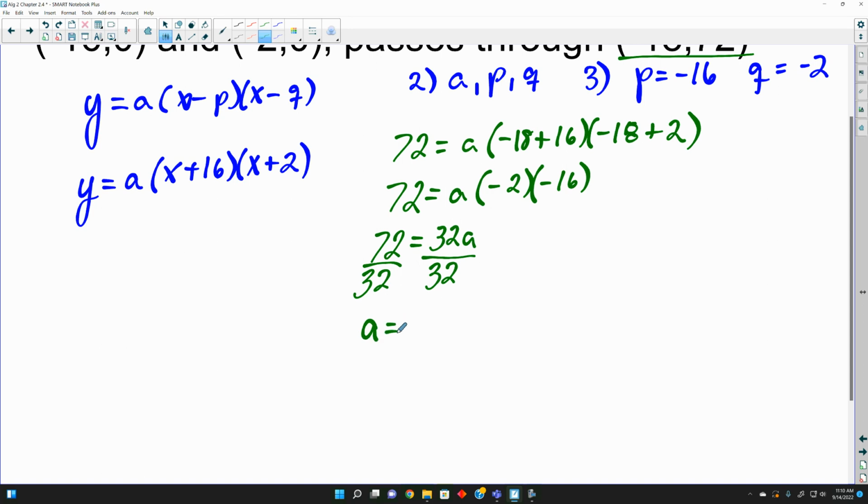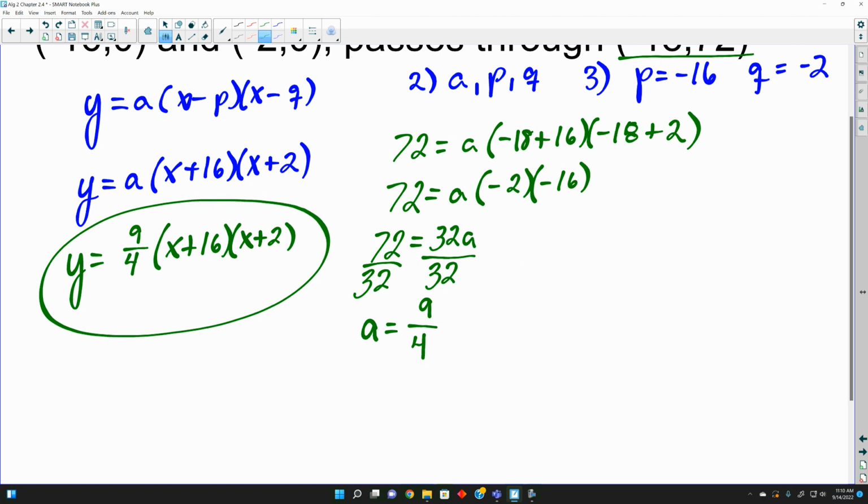No. So most likely I would grab a calculator and let it do it for us. But 8 will go into both. Because 8 times what is 72? 9. And 8 times what is 32? 4. So it actually simplifies to 9/4. We don't have to turn it into a decimal. We can leave it as a fraction, saying y is equal to 9/4 times (x plus 16) times (x plus 2). And that's it. Questions on any of this here?